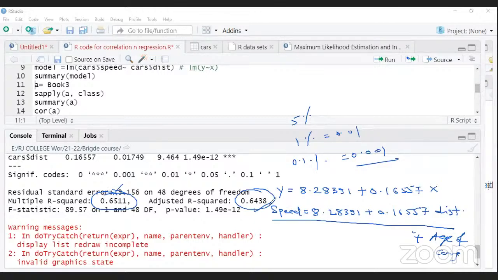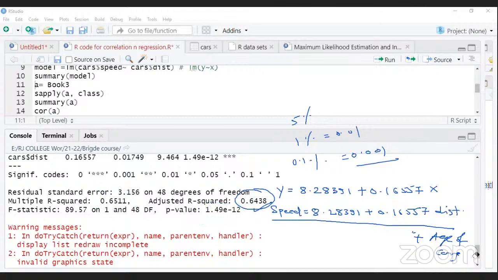When there is more than one, you always go for adjusted R-square, because it adjusts according to the included or excluded variables. Again, it is approximating the same value.